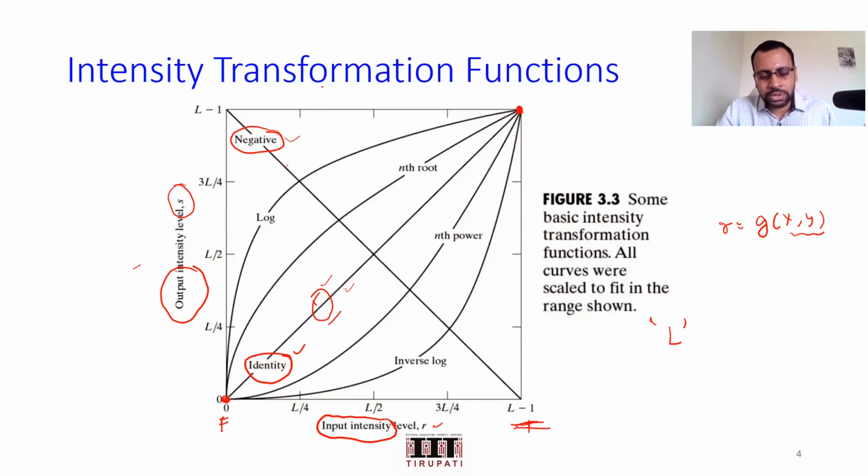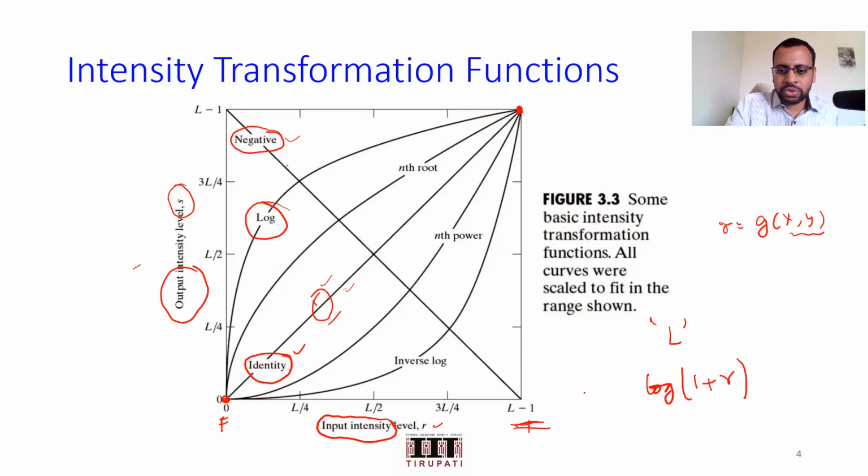Okay, now I want you guys to comment about this log transform. What is it doing? Can you shed some light? If you want me to write that log function, that is equivalent to log of 1 plus r, and this should give me s, and I need to again bring it back to the range of 0 to L minus 1.